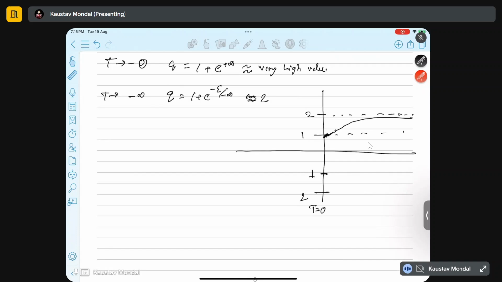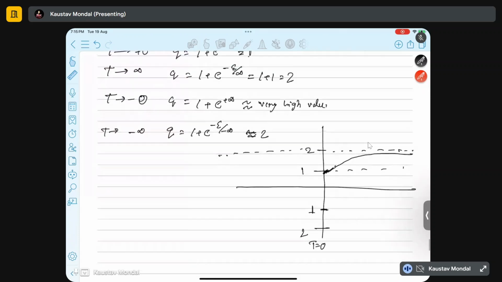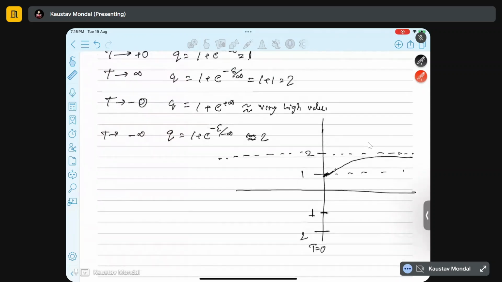Now in the next case, if you take the temperature very close to 0 from the negative side, this is the partition function Q, this is the temperature, so the partition function tends towards infinity. And if you move the temperature in the negative direction, it asymptotically tries to reach the value 2.